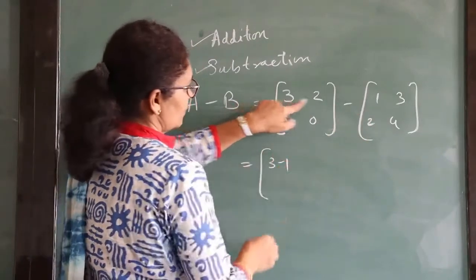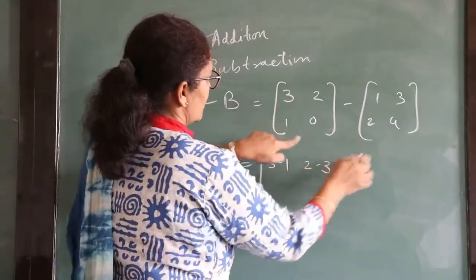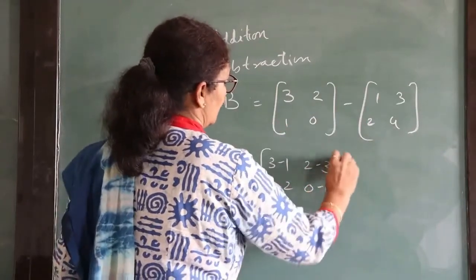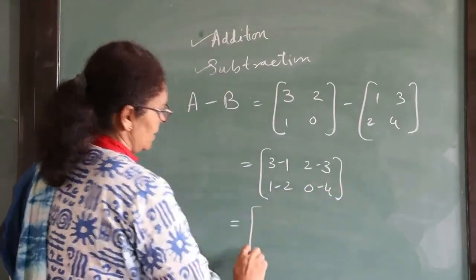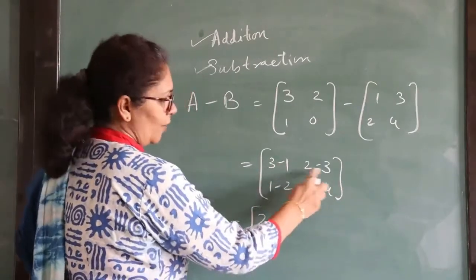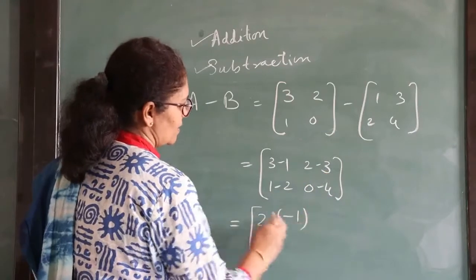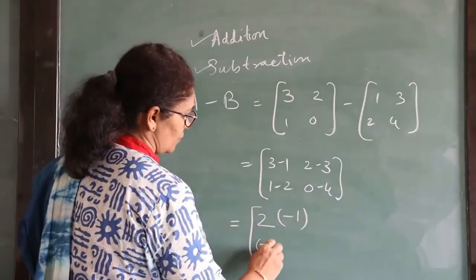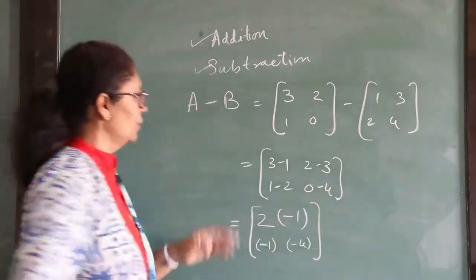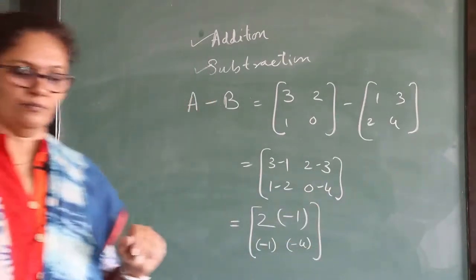So 3 minus 1, 2 minus 3, 1 minus 2 and 0 minus 4. So this is the subtraction. Now 3 minus 1 is 2, 2 minus 3 is minus 1, 1 minus 2 is also minus 1 and 0 minus 4 is minus 4. So this way you get the subtraction.